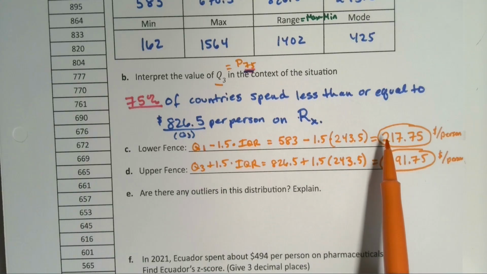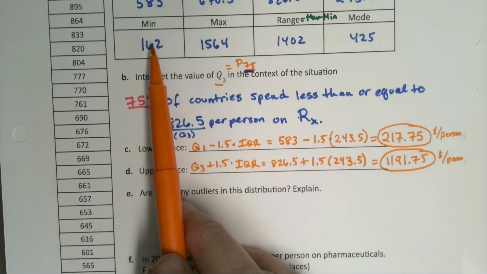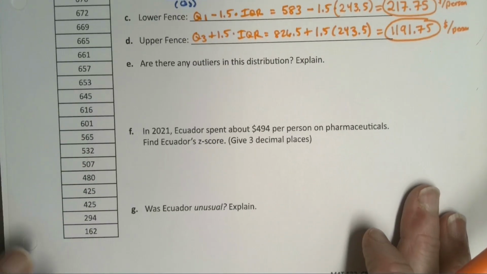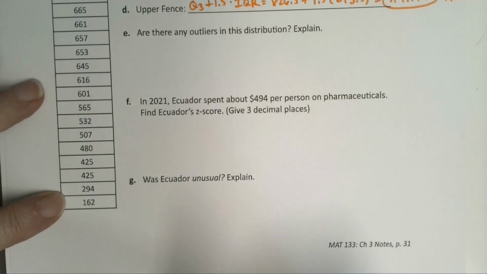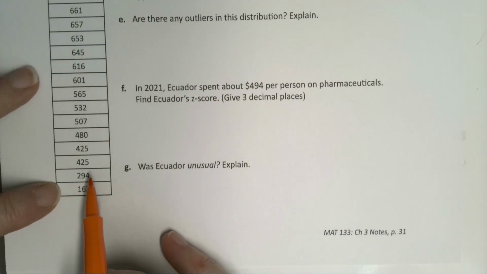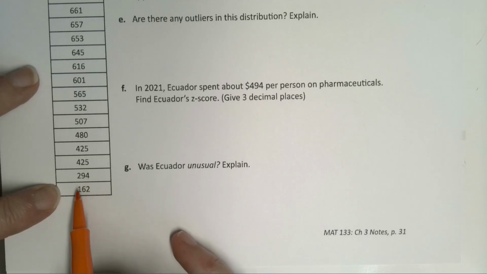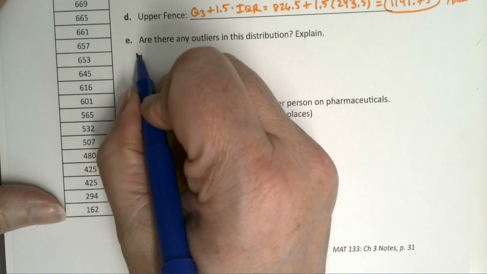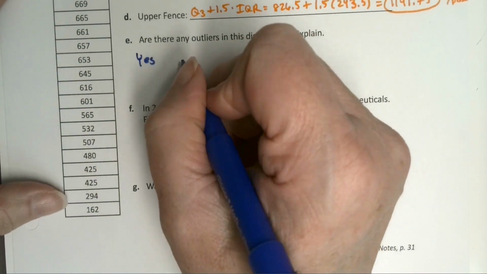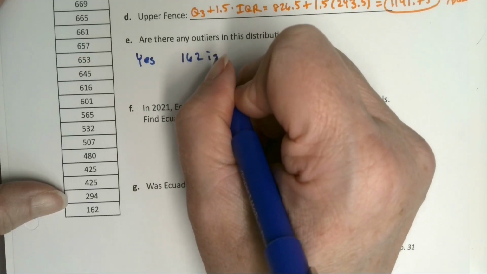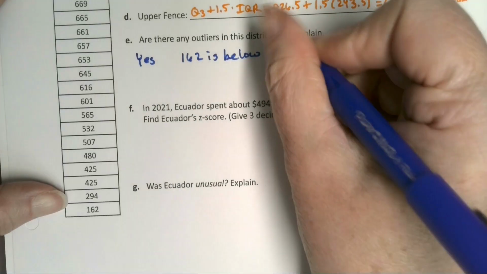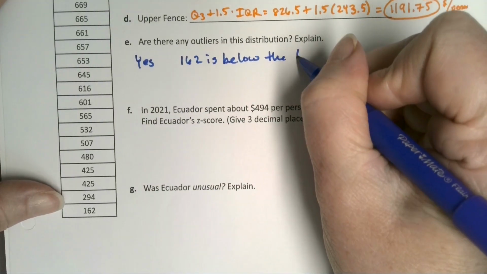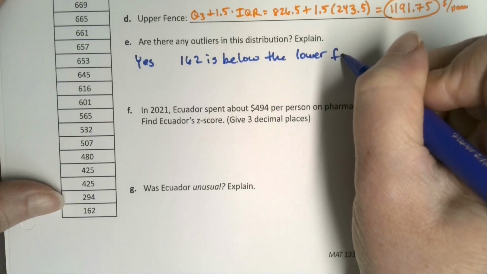Well, yes, there has to be because the min is 162. So if I put the data set in order actually, that'll make things easier. So right down here, 162 is an outlier because 162 is below the lower fence. So we're going to say yes, 162 is below the lower fence. That's an outlier.